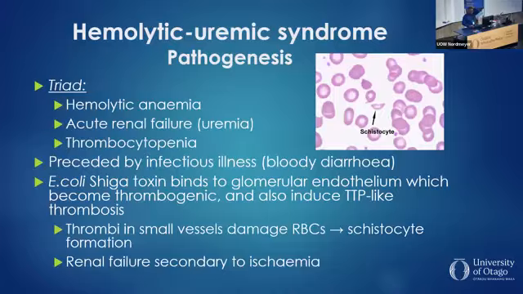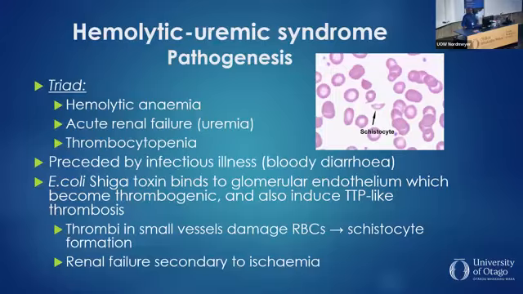HUS can present like a TTP, but the pathogenesis is completely different. Here we are getting toxins from some microorganism that typically would cause a prodromal diarrheal infection. And then after the diarrheal infection is supposedly gone, you begin to see the effect of the toxins, pretending to be some kind of hapten or something, binding onto some renal cells and causing platelet activation and thrombosis.